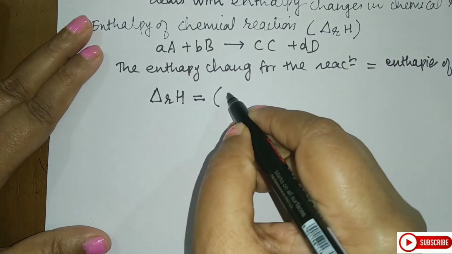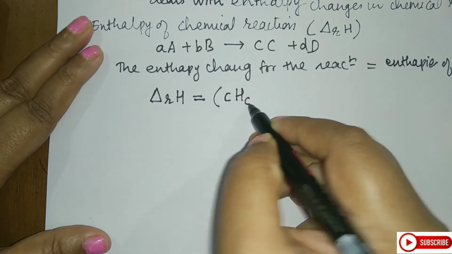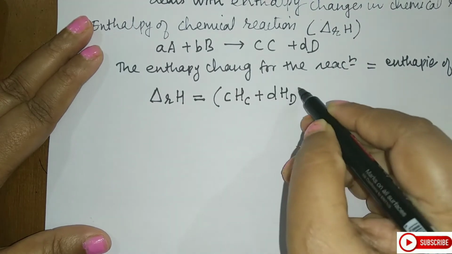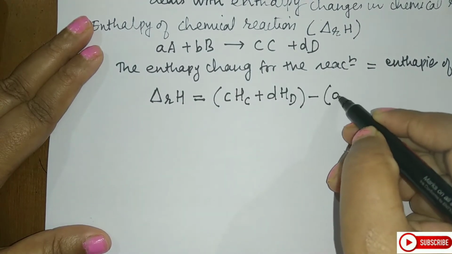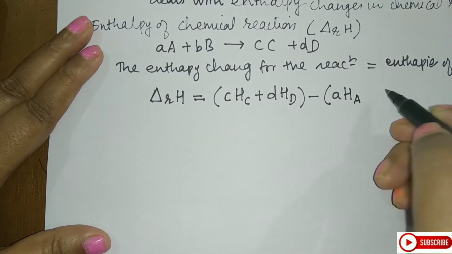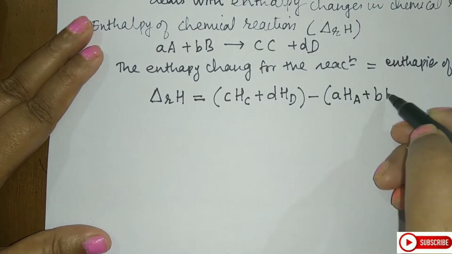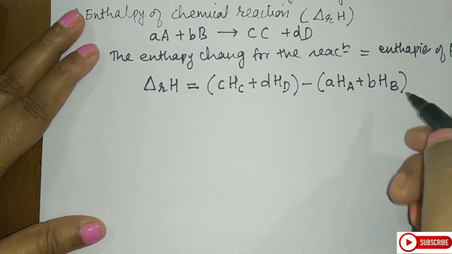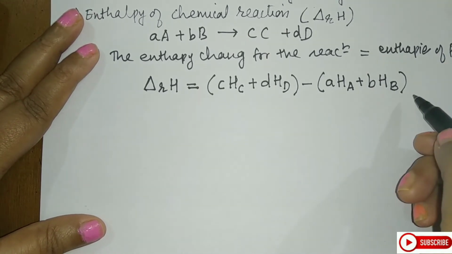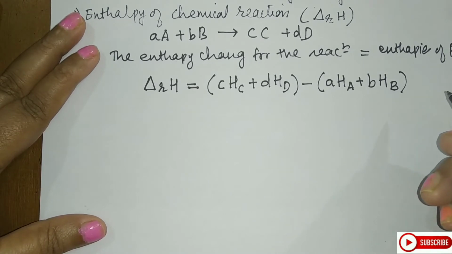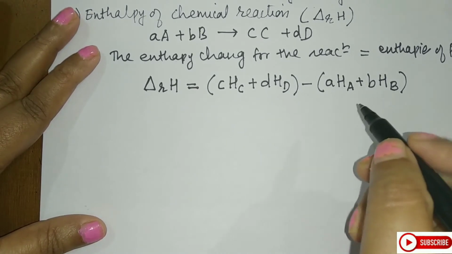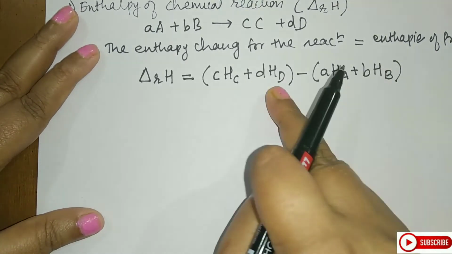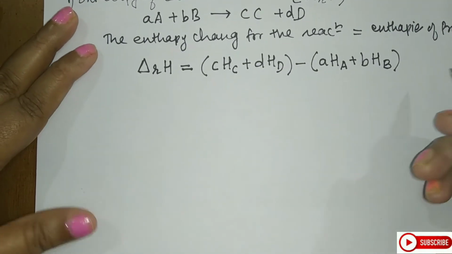So it will be c times the enthalpy of C plus d times the enthalpy of D minus a times the enthalpy of A plus b times the enthalpy of B. Here the capital H I have indicated are the molar enthalpies of A, B, C and D. Now it is very difficult to write like this, so let us see what the formula will be.